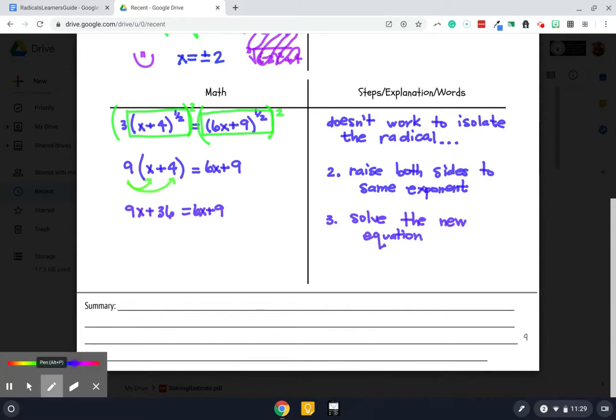So I'm going to get all my x's on one side. And then while I'm doing that, I'm going to clear that 36 away from the x side. And I'm going to end up with 3x equals negative 27, and x will equal negative 9.